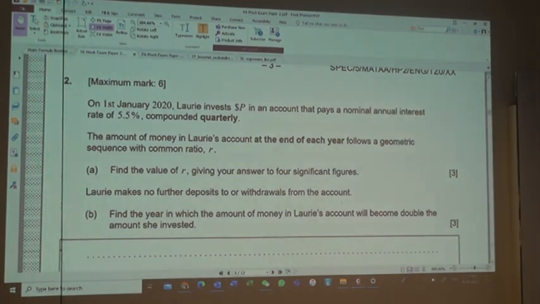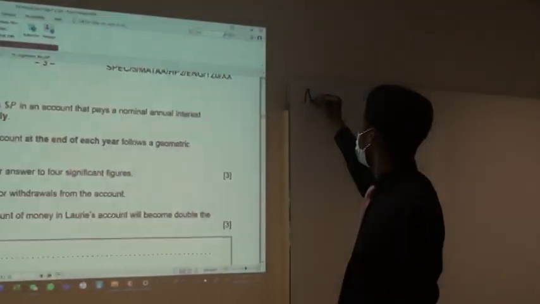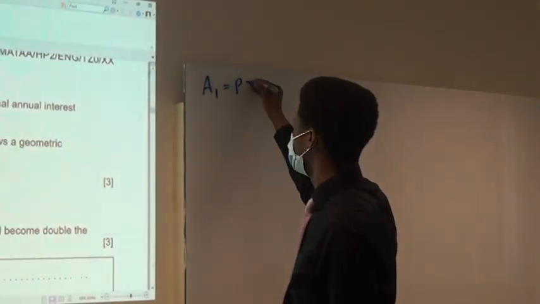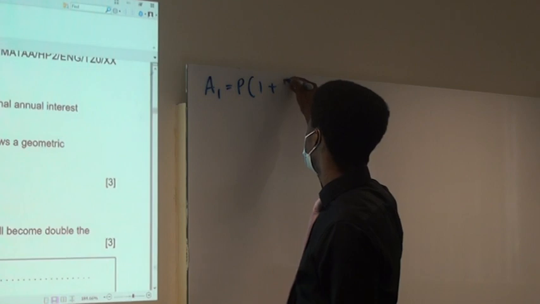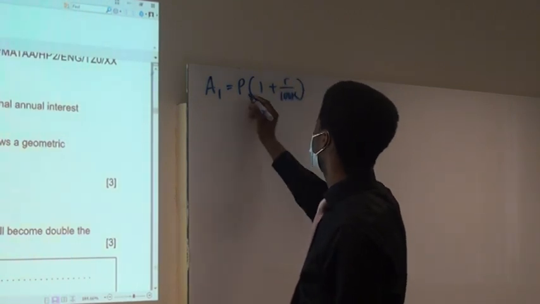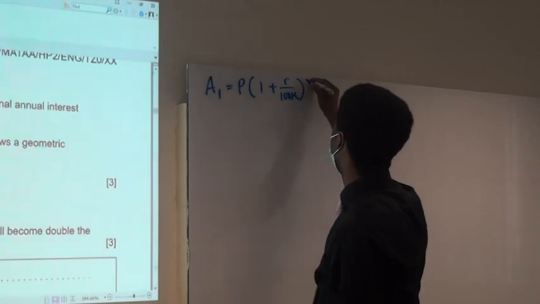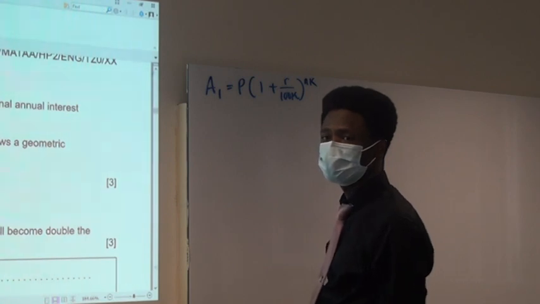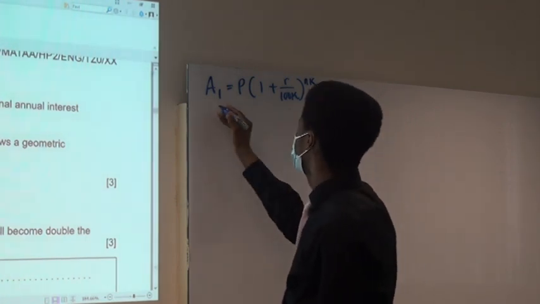This is trivia. Look, at the end of the first year, if you just maybe use your formula, A1 will be P times 1 plus R over 100K, to the power of NK. This is the general formula, right? Okay, so now, this is A_N.